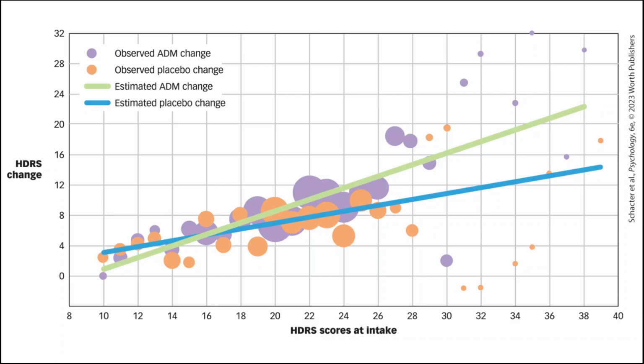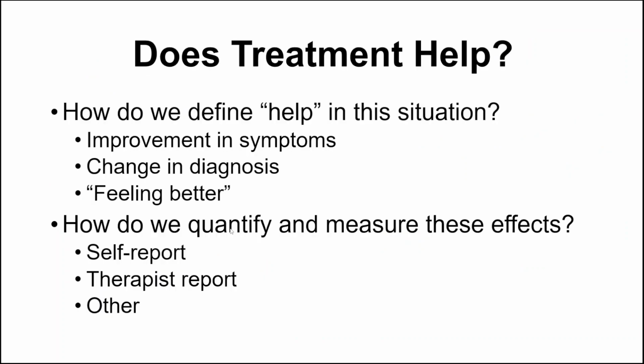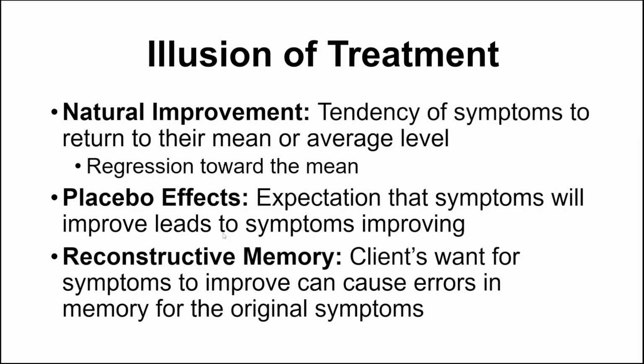They're still showing improvement. So what that tells us is the fact that the expectation that this should lead to an improvement was sufficient to lead to improvement. So is it that they're getting better because of the actual treatment or because they expect the treatment will help? We can't really pull that apart unless we have a very well-designed study.